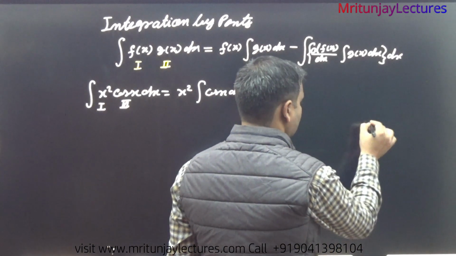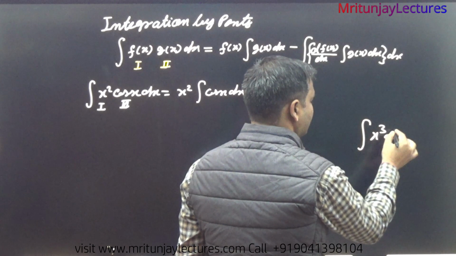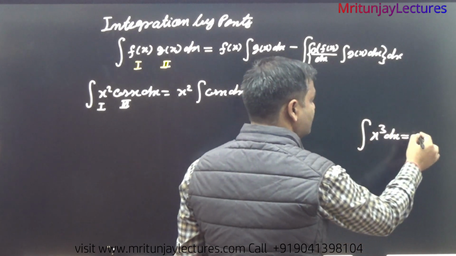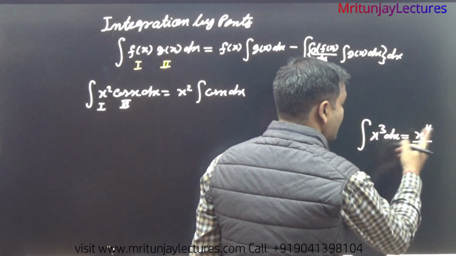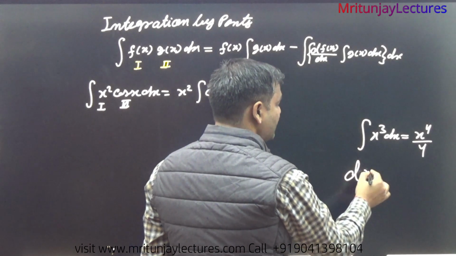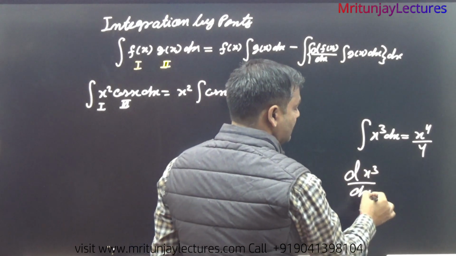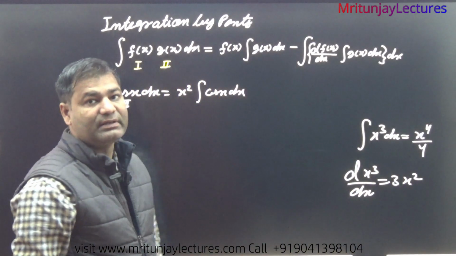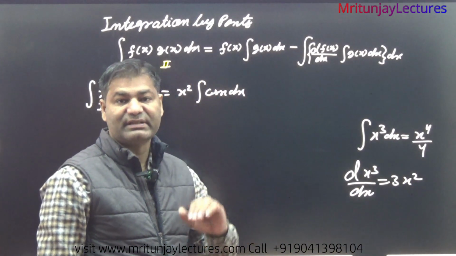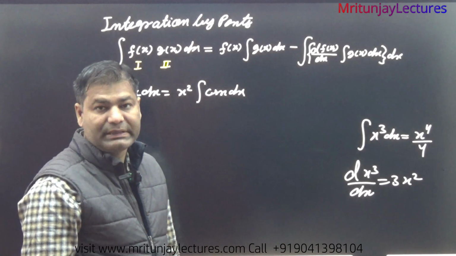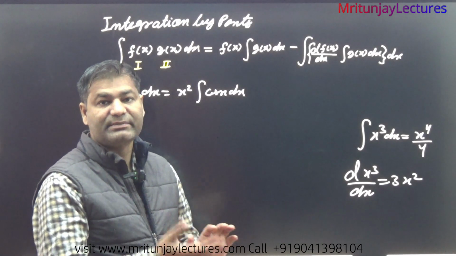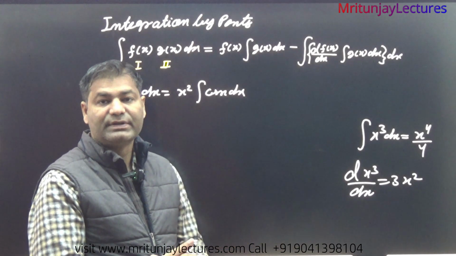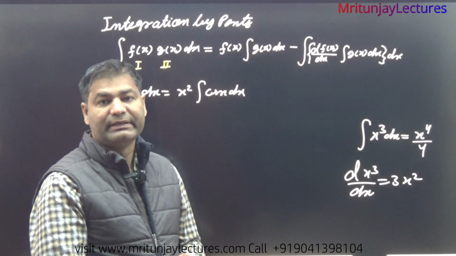Suppose x power 3 dx. After integration, the power increases. But what about differentiation? That is 3x square. That's why our target is that the power decreases. Then we get the answer easily.